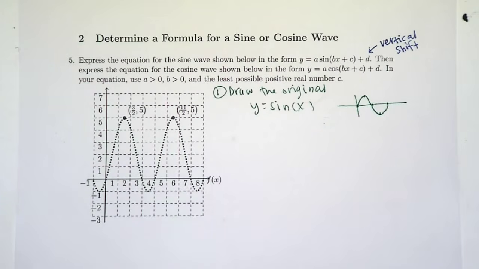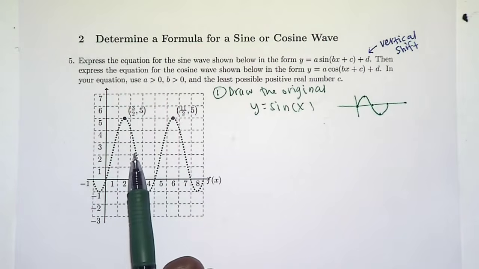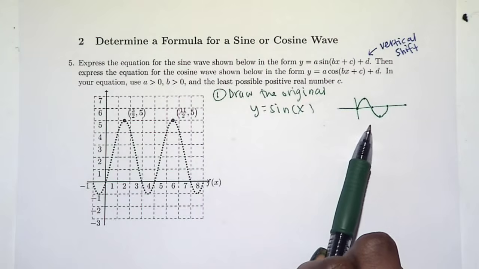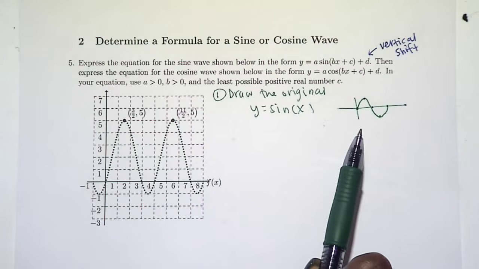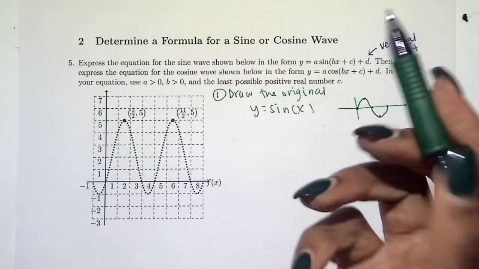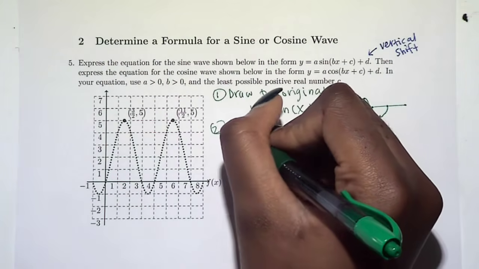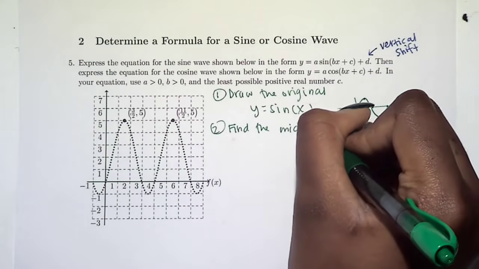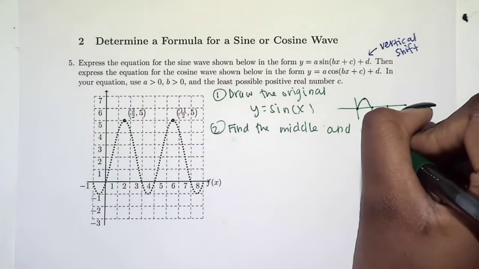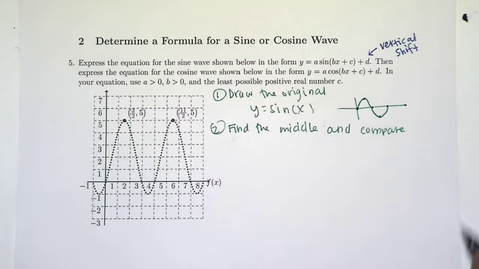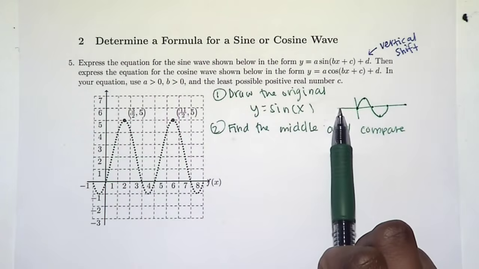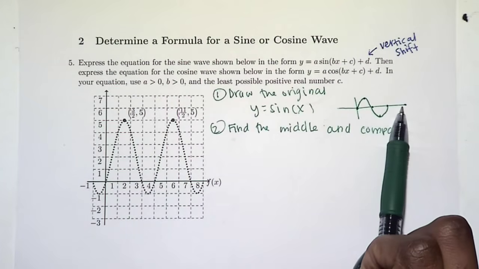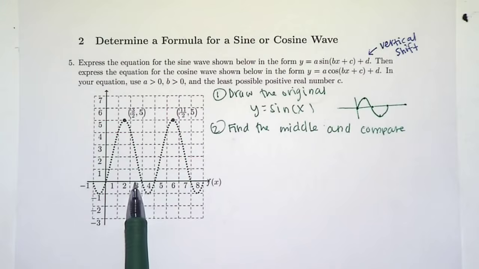So what we want to do is match up the stuff that's on this graph to what we have in our original. And so after just drawing or thinking about what it looks like in your mind, the next step is to find the middle and compare. So notice from the original, the middle of our sine graph is actually our x-axis, but that's not the middle in the shifted one.